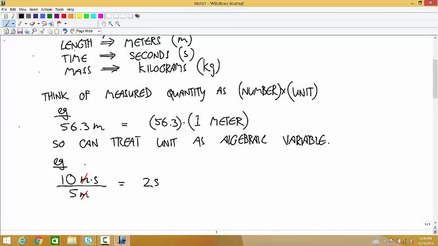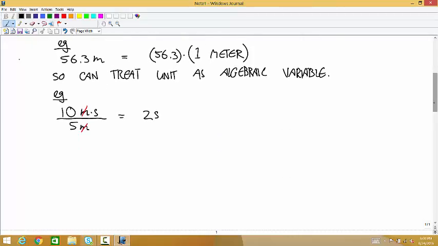So all of our unit conversions are going to be based on thinking of it that way. So now unit conversions. There are all these different measures of any individual quantity.